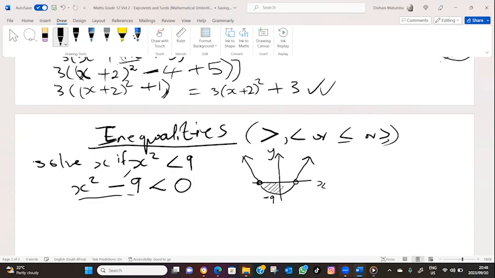This is the region, the area under the x-axis. So how do we express that section? So your x will be between these two values.